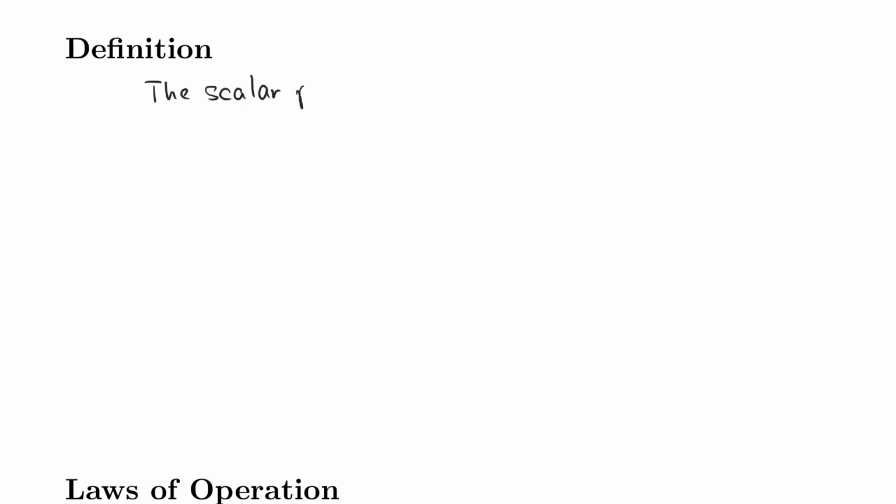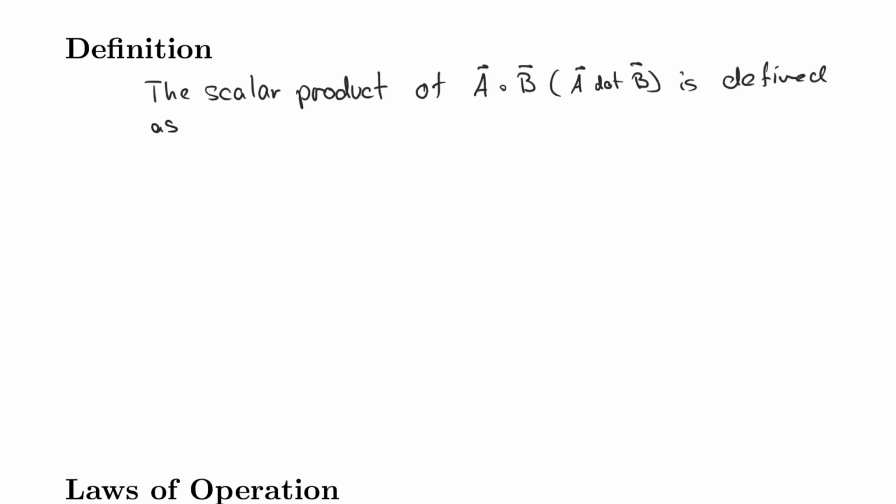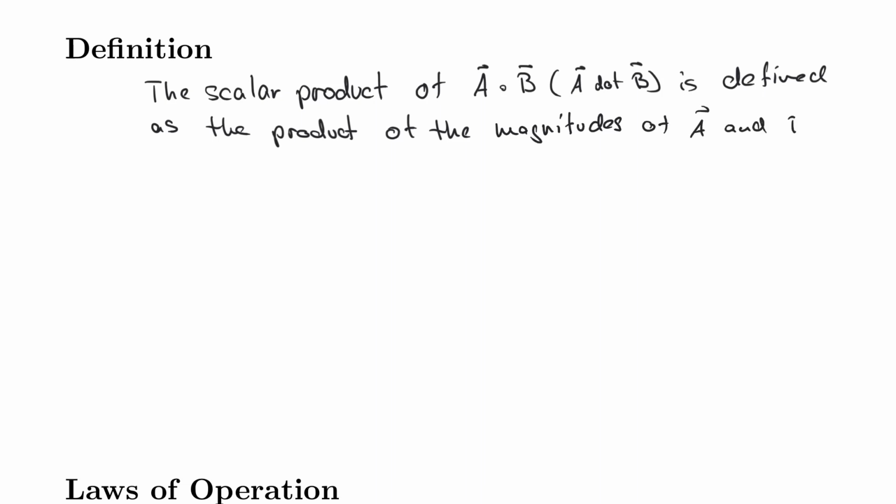So first of all, the scalar product between A dot B, so this is often written as A dot B, and that is defined as the product of A and B, precisely the magnitudes, and then multiplied by the cosine of the angle between those two.